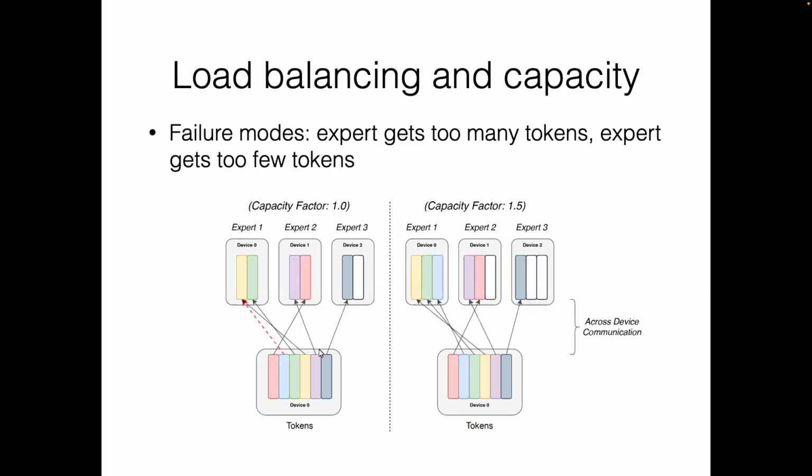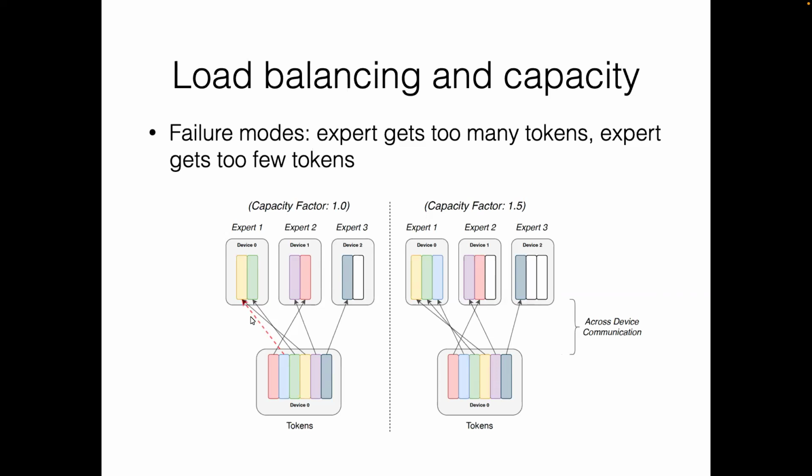And the tricky thing with these models is that you don't know how many tokens are going to be passed a priori, right? So the router can decide to send a lot of tokens, say, to one device. And then you have to define what happens. One option is, your device goes out of memory and blows up. What's done in practice is token dropping.